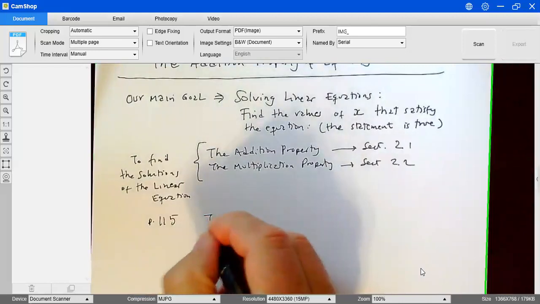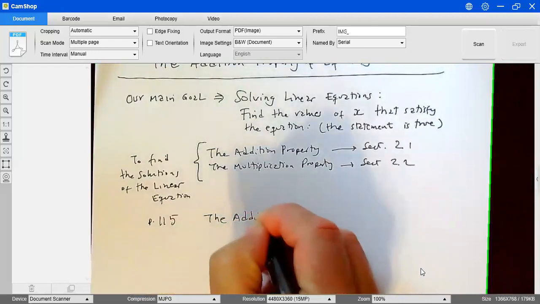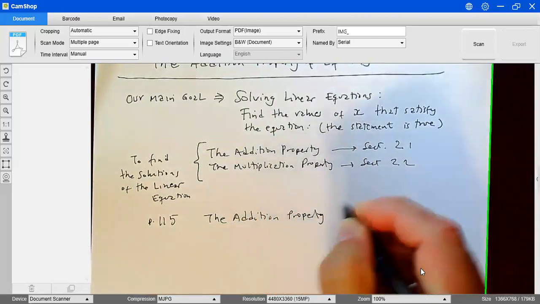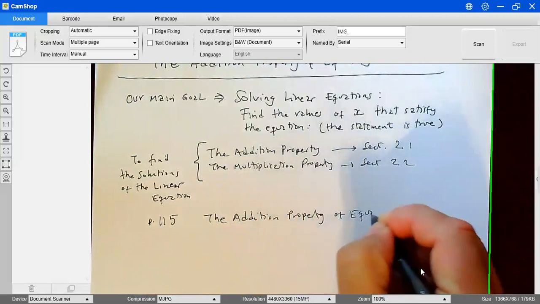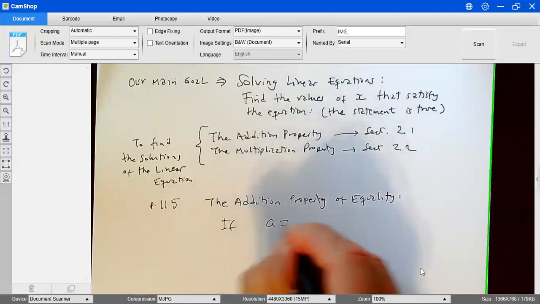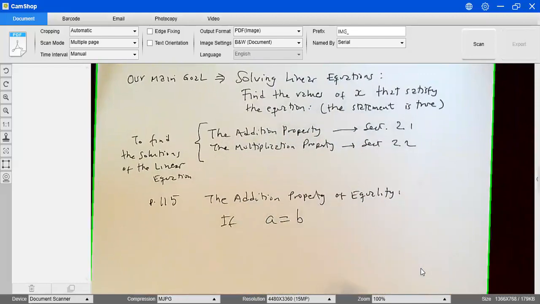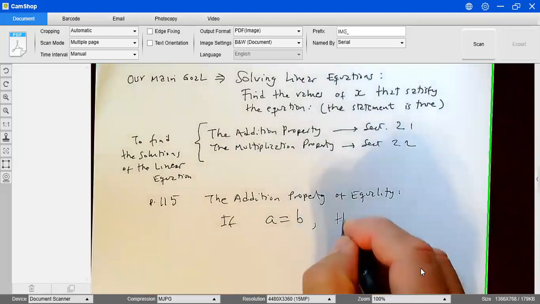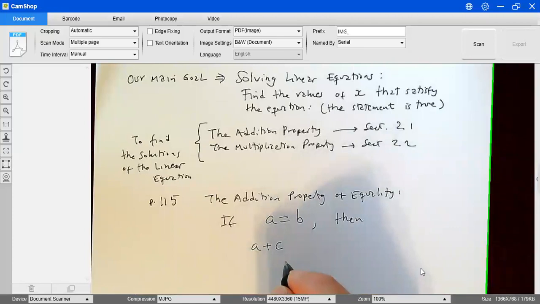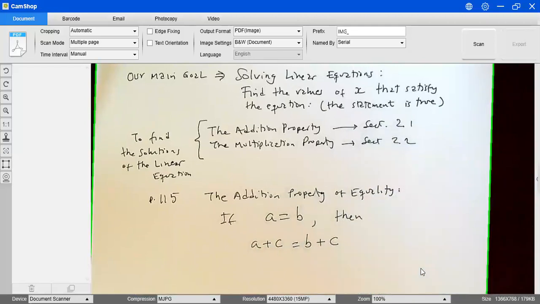The addition property of equality is just that if A equals B, so that's my initial equation, then we can add C to the left-hand side, and as long as we also add C to the right-hand side, the equation's solution is going to be the same, so it doesn't change.